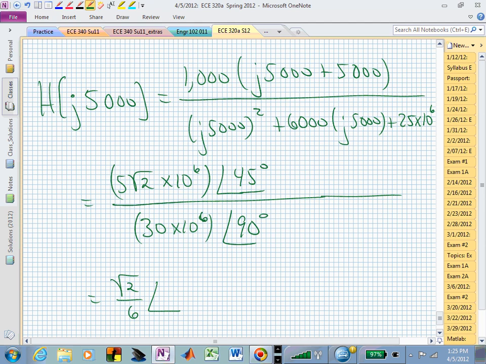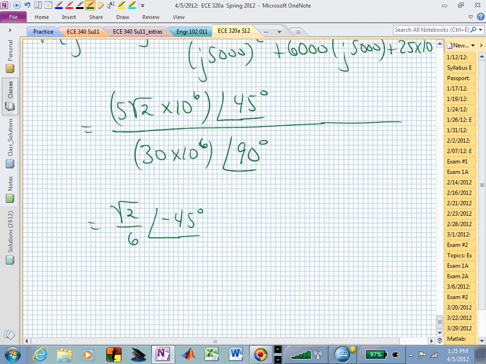Minus 45. I can simply add and subtract angles when I'm multiplying and dividing these complex numbers. And now I can immediately write down my sinusoidal steady state output. I started with 120. I need to scale it up or down depending on what that number is. In this case, it's smaller than 1, so I'm going to contract my original input amplitude.